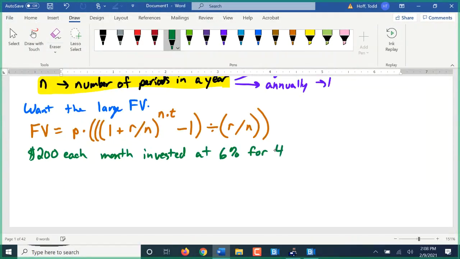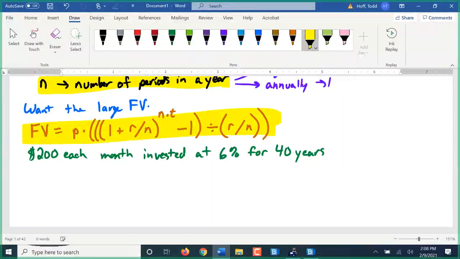If you're in your 20s, that's going to be for 40 or 45 years. So let's just go for 40 years. Fill in this equation here, this formula. We are looking for that large future amount.